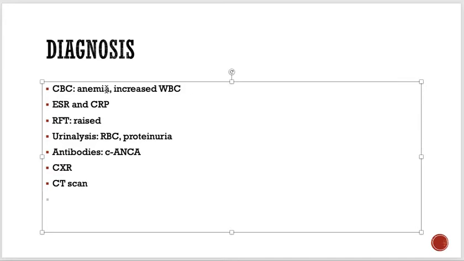You can go for biopsy: renal biopsy, lung biopsy, skin biopsy can be taken. Whatever areas are involved, we are going to take the biopsy. CRP and ESR especially can also be used to check disease activity. If they are high, the disease activity is more; if they are less, the disease activity is less.